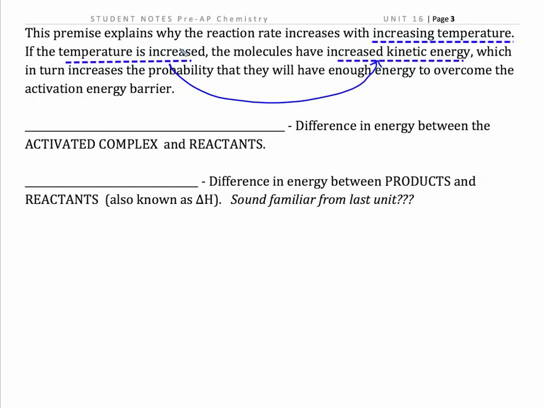And really, if the temperature is measured as higher, the higher temperature measured is really a result of there being a higher kinetic energy. So if molecules collide with a higher kinetic energy, aka there's a higher temperature, then that in turn means more of them will overcome that difference.